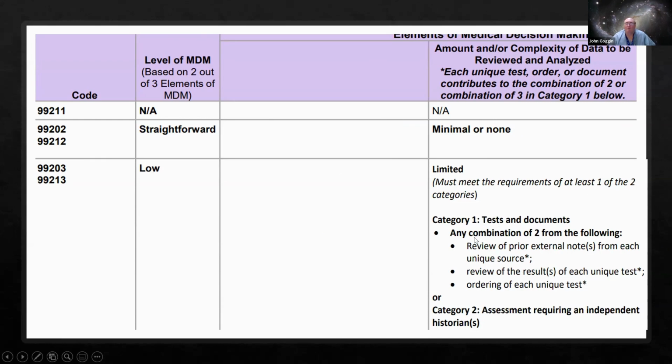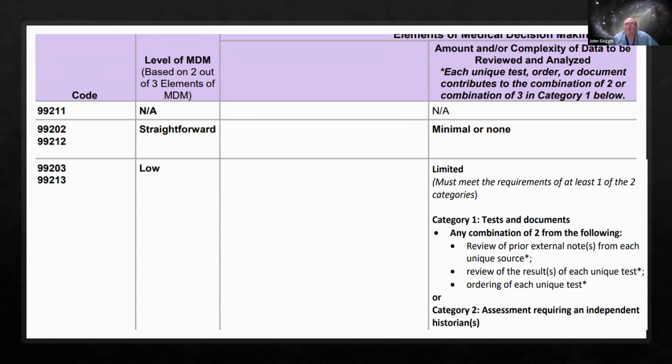So category 1 is going to be any combination of 2 of the following. Review of external notes from a unique source. So if you had a primary care doctor's note and their endocrinologist note, and you felt that it was relevant to the visit, that you reviewed those 2 notes and you read them and reviewed them, that would count, because that would be 2 unique sources.